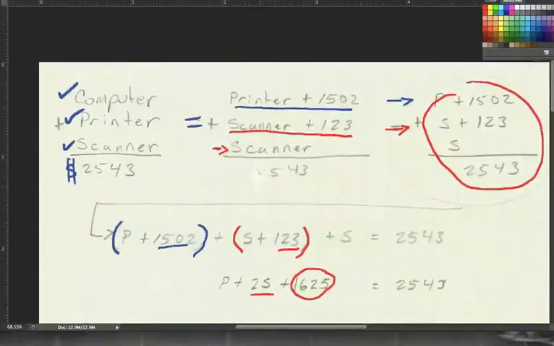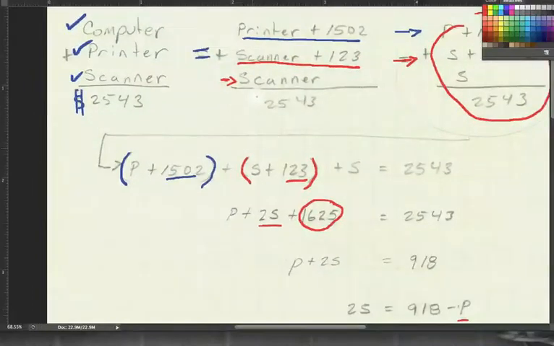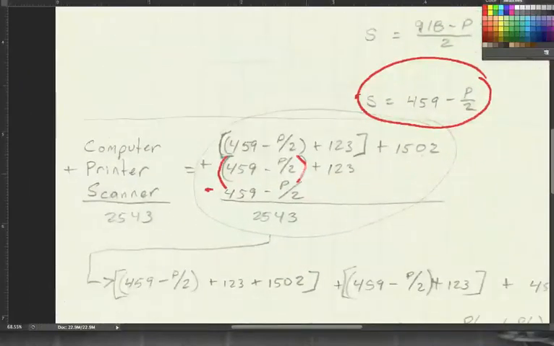Coming up to the computer, I know that's the printer plus 1502. So the printer is this entire amount right here, plus 1502. All of that is going to equal 2543, just like over on this side. Those things are the same formula.